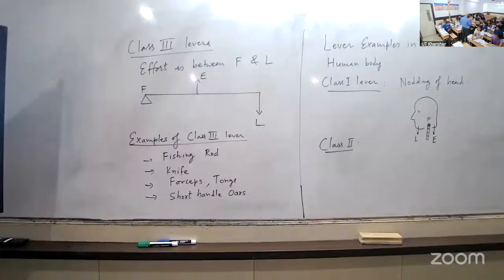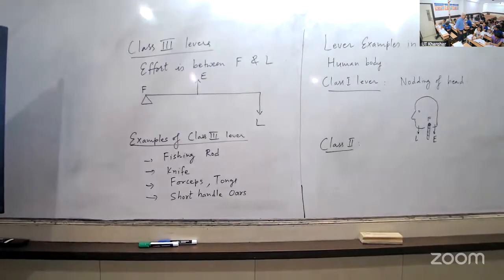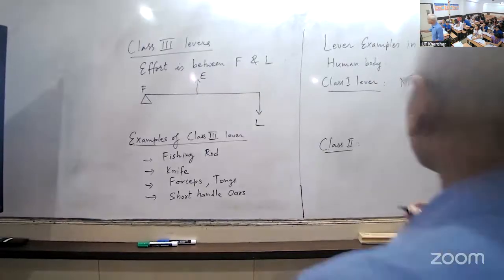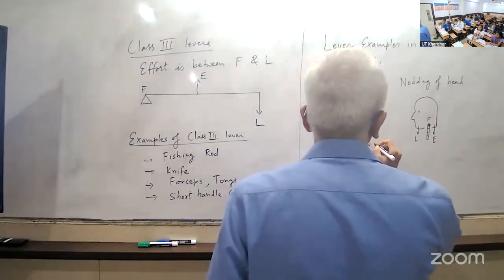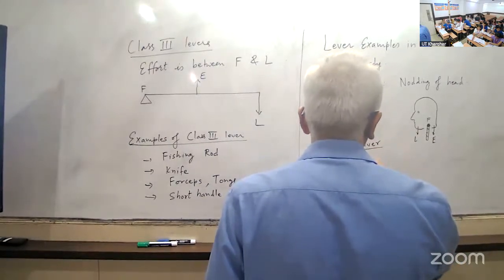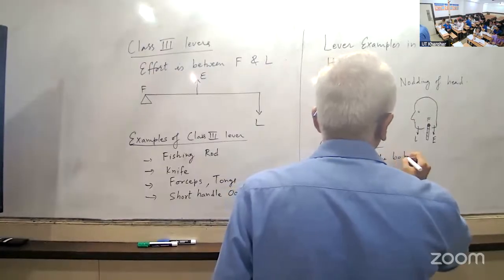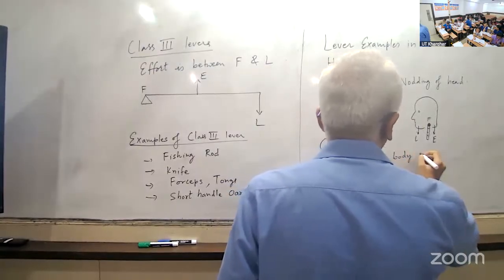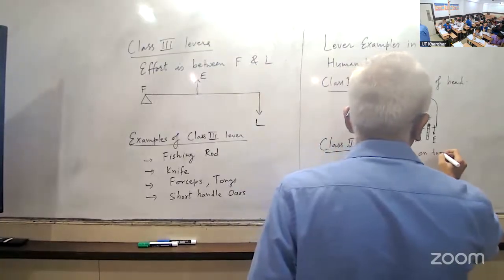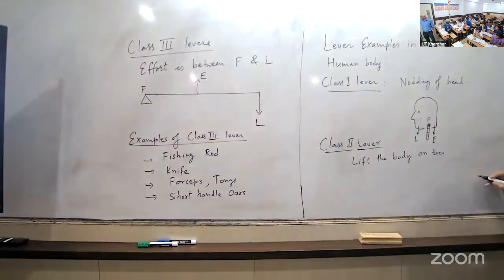That's how it is. Effort is on one side. There is body weight, center of gravity, right? So it will fall between the toe and calf muscles. Got it? That's how it is. So lifting the body on the toe. So how do you lift it?